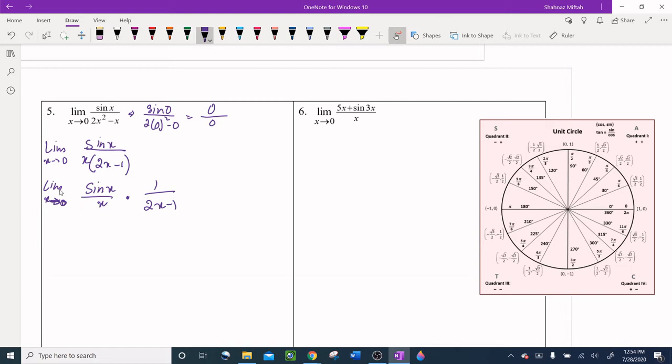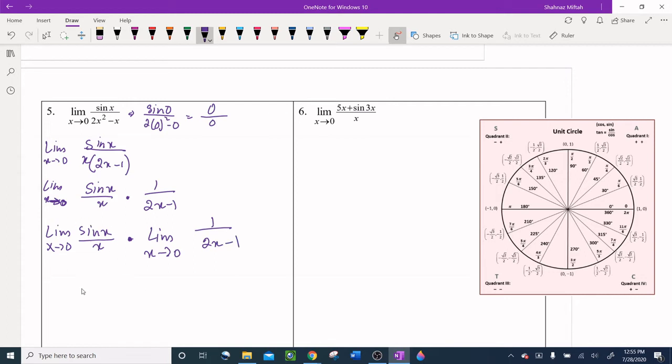So what I'm going to do, limit as x approaches 0, sine x over x, this whole thing equals 1. I know that. Times, I'm going to plug in 0 here. This is another limit part. So I'm going to separate them. Limit as x approaches 0, sine x over x. Once you understand, you don't have to do all of this, you just do it with direct substitution.